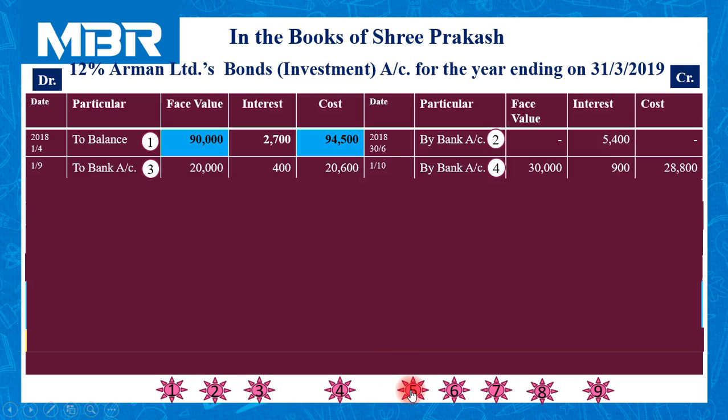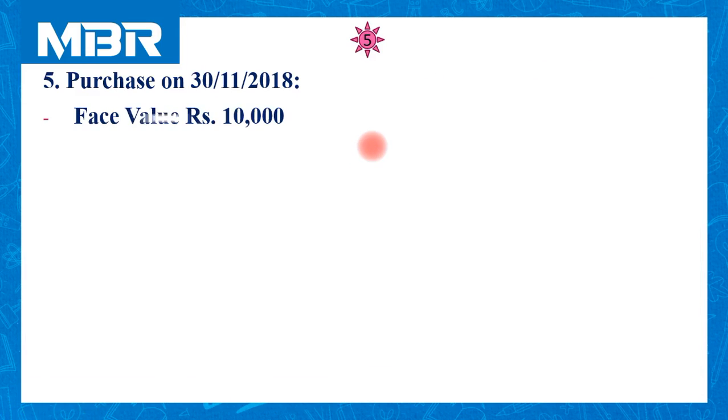After this transaction, we need to move towards transaction number 5. It is all about the purchase on November 30, 2018. Face value of the transaction is given by the examiner in the table, rupees 10,000.